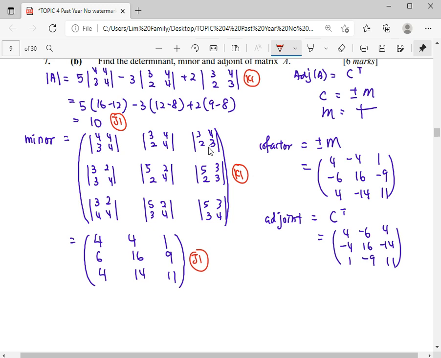Then lastly, we see your concept of adjoint, which is cofactor transpose. So this is how we see your cofactor and transpose. Finally, this is your adjoint, so 6 marks.